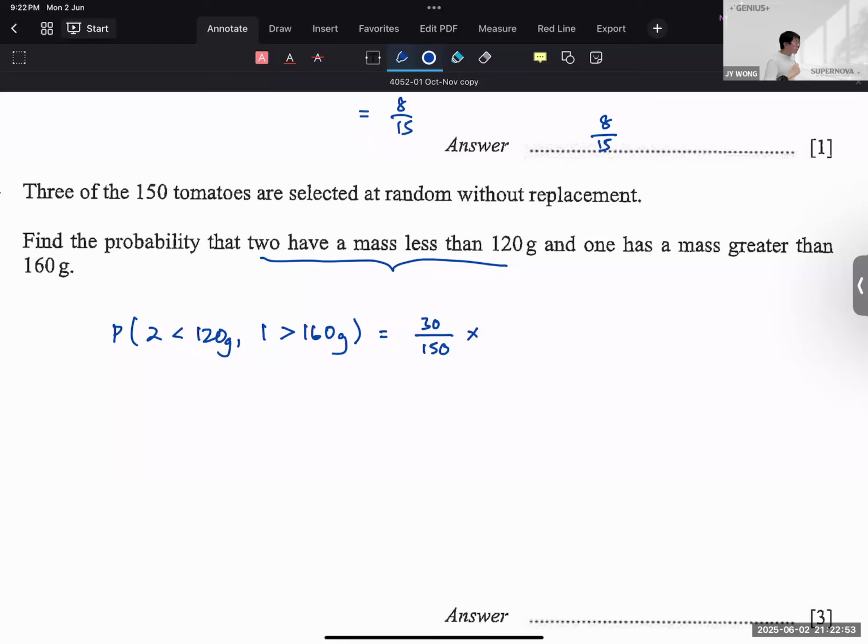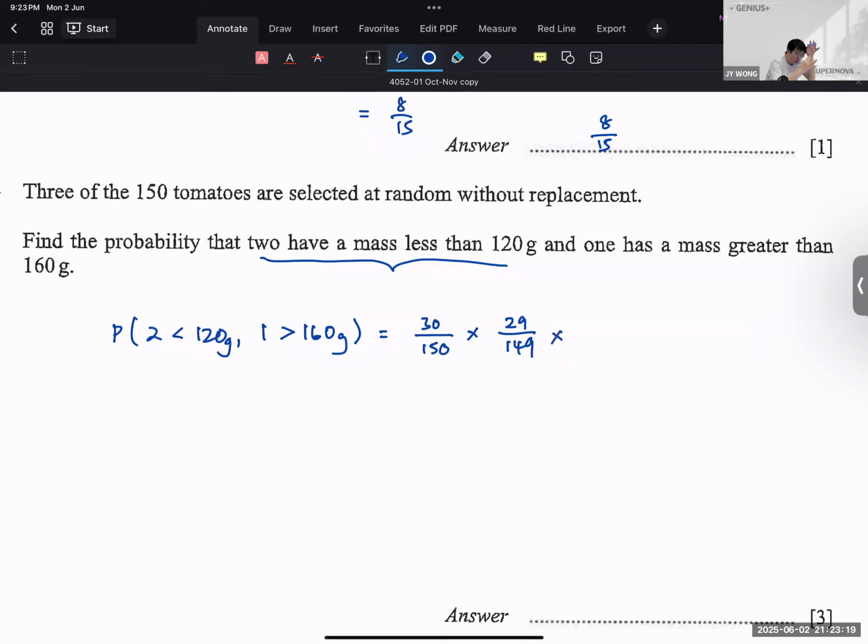But the second one now, what's the probability? No, Jake. The first tomato that is less than 120 is 30 out of 150. Then the second one will now be what? 29 out of 149, because minus 1 already, right?